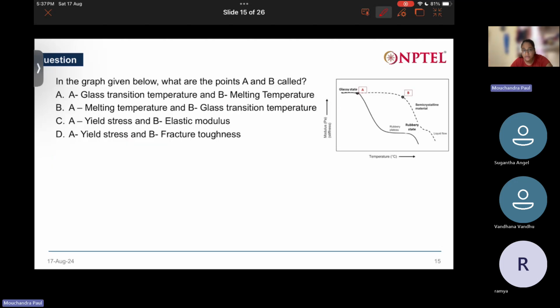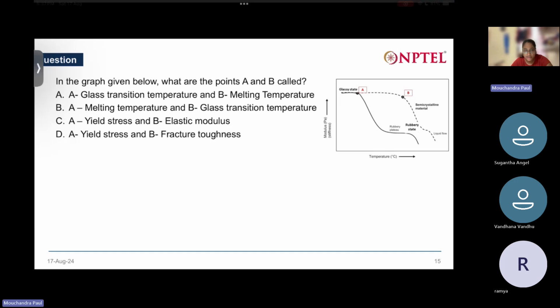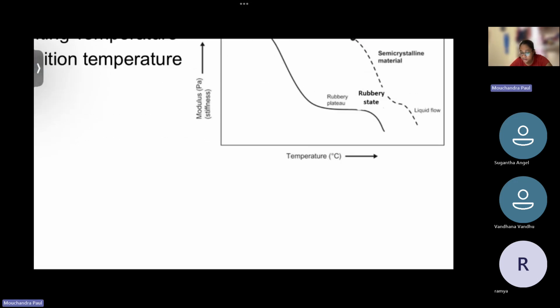Now, this is a graph shown on your right hand side. In the graph, you have to tell what points A and B are called.